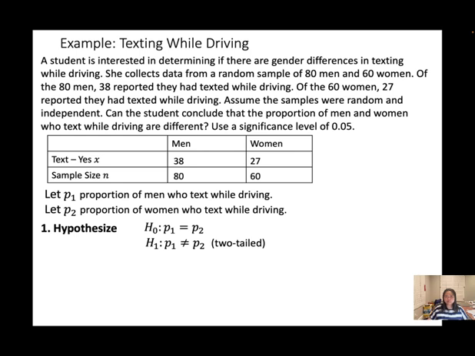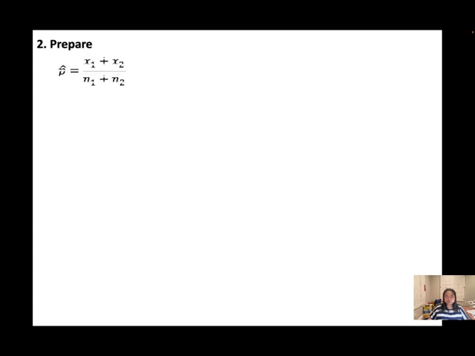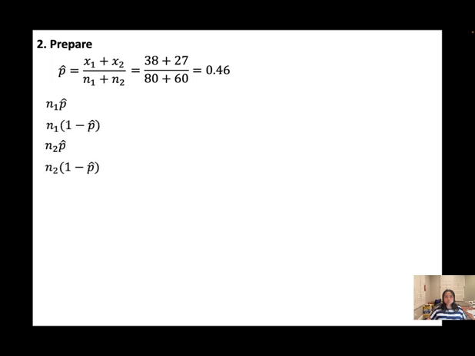Okay, now we're going to state the conditions. Find out the pooled sample proportion first. You should get 0.46. Okay, now we're going to check sample size times the pooled proportion. Okay, two populations.